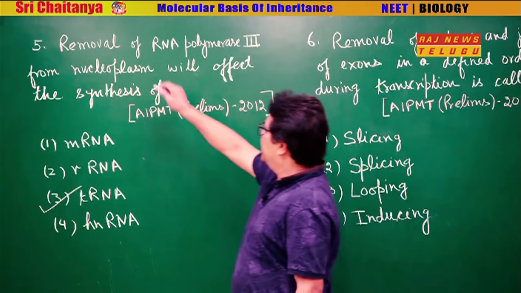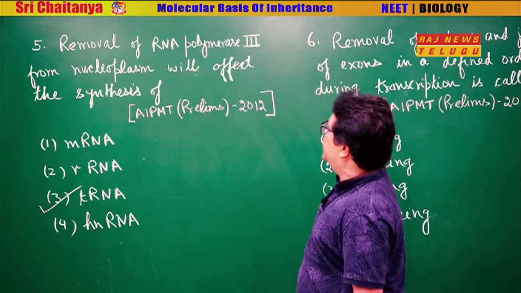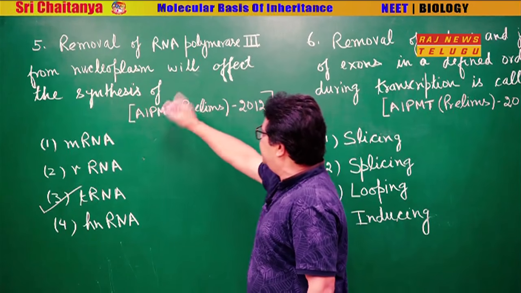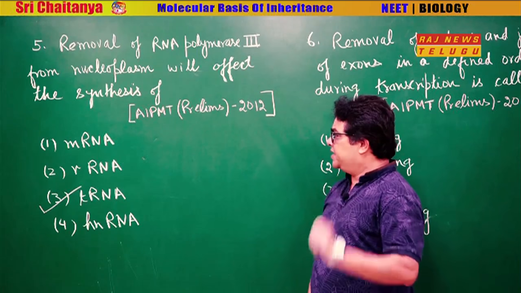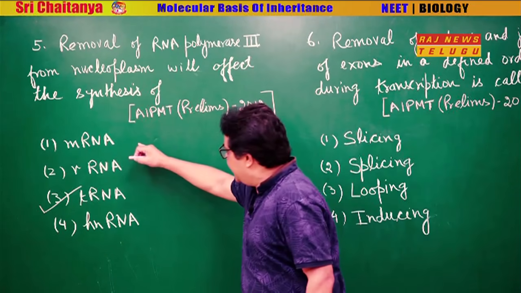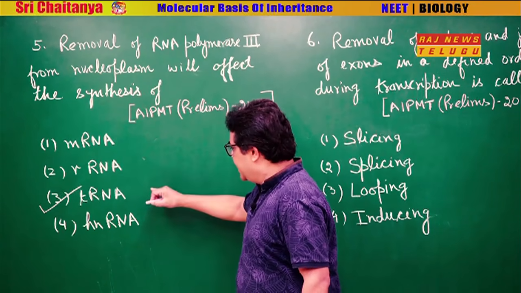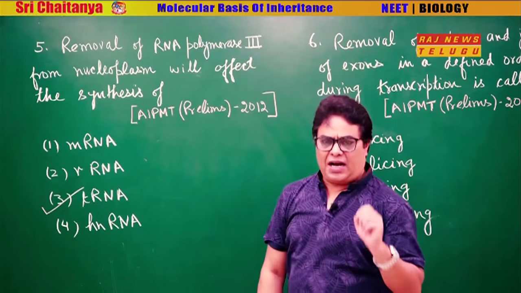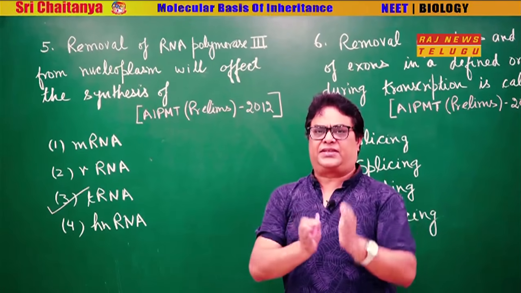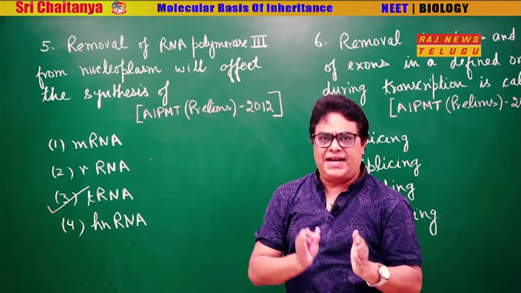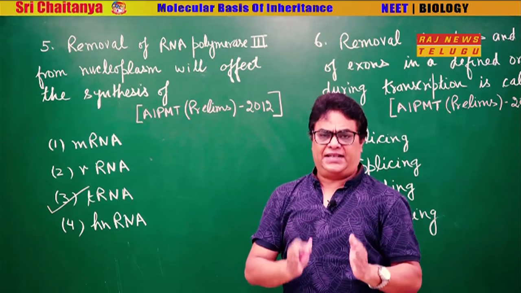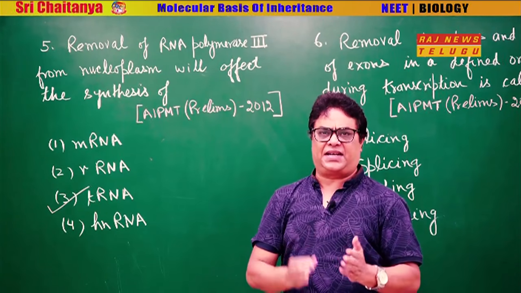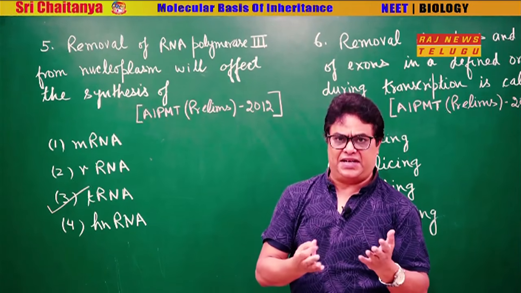Our next question: removal of RNA polymerase III from nucleoplasm will affect the synthesis of mRNA, rRNA, tRNA and hnRNA. Remember, in eukaryotes there are three types of RNA polymerase. RNA polymerase I is mainly involved in the synthesis of rRNA, it synthesizes all the rRNAs except the 5S rRNA.